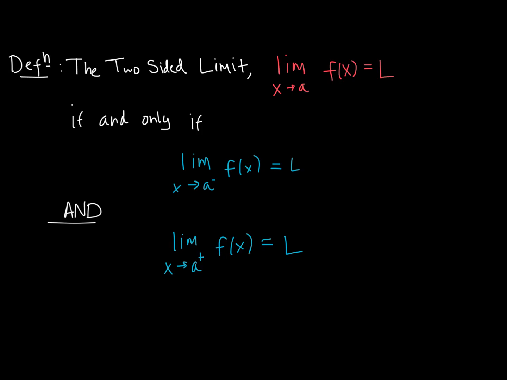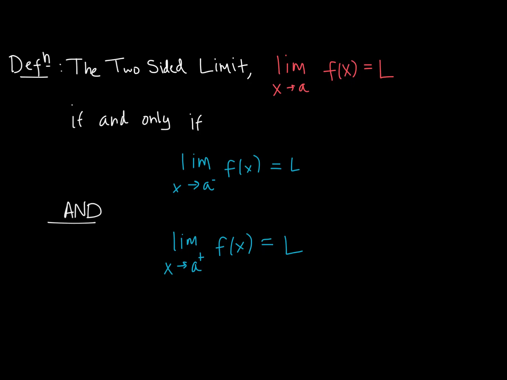If you want to know whether the two-sided limit exists, then you need to first check the left one-sided limit and the right one-sided limit to see if they are both the same. And if they are, then that's the two-sided limit. If they're not equal, well, then just think about it. The function is approaching different values from either side, so the two-sided limit doesn't exist.